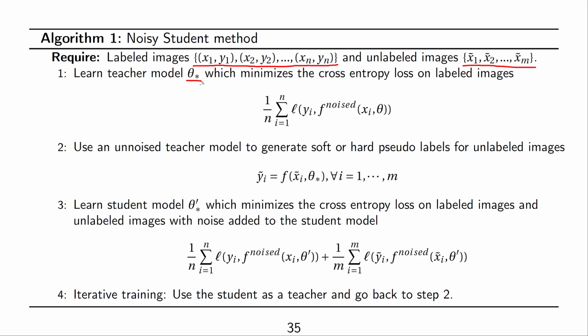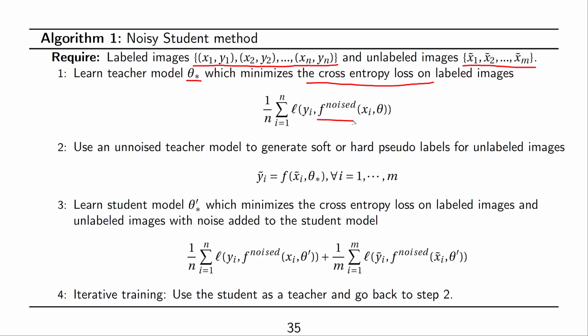So first, we're going to learn the teacher model theta star, which means let's just say we are taking ImageNet and we're taking the EfficientNet architecture. That means we're learning the parameters of EfficientNet of a teacher model by training on ImageNet using established ideas such as cross-entropy loss, and we are using the labeled images from ImageNet.